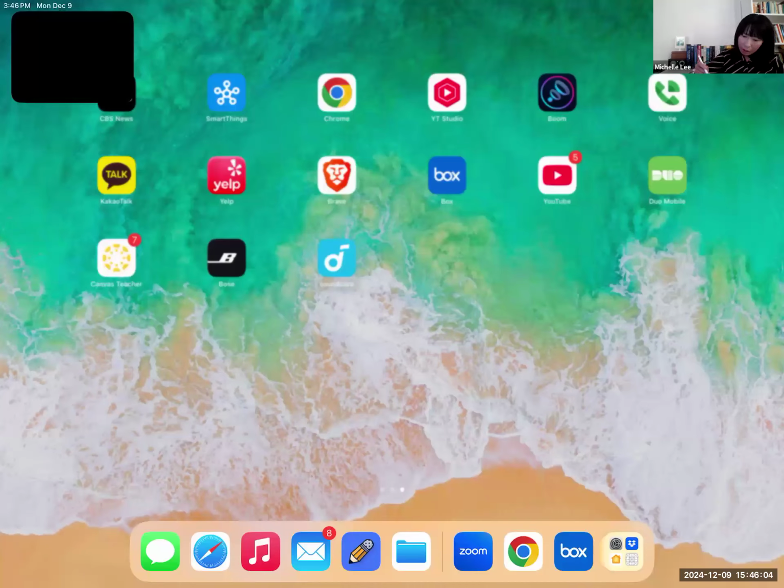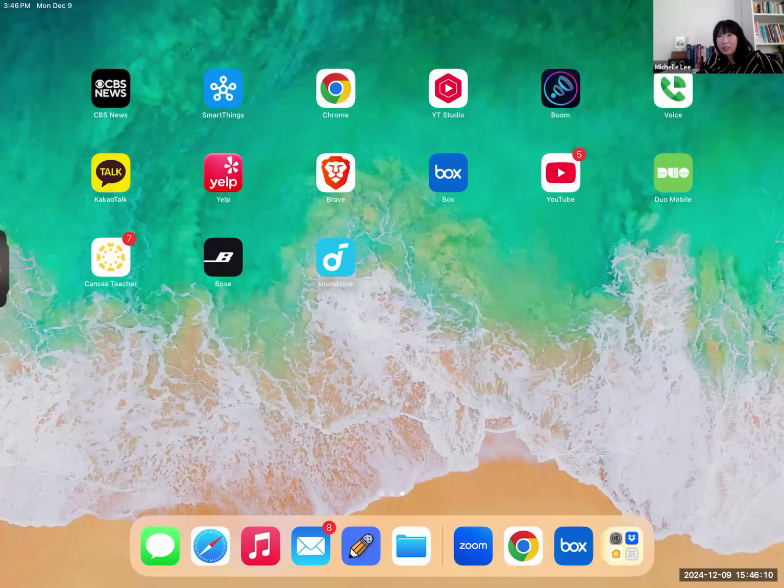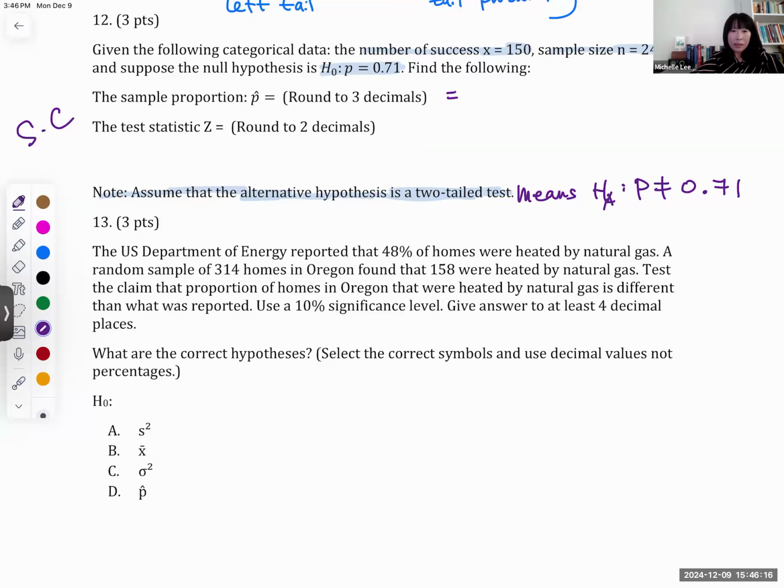Okay, so we have sample proportion p hat, which is... Oh, it's 3 decimal places. No, hold on one second, let me just take a look.